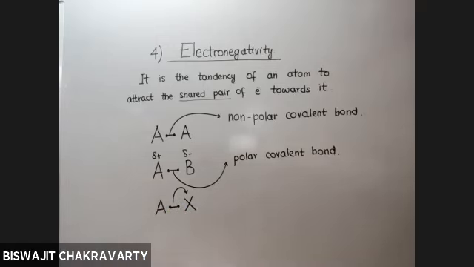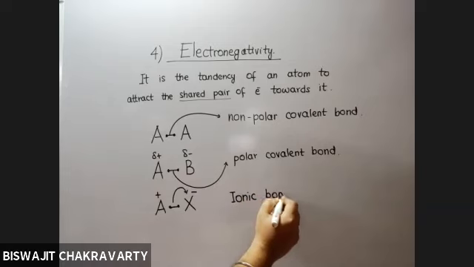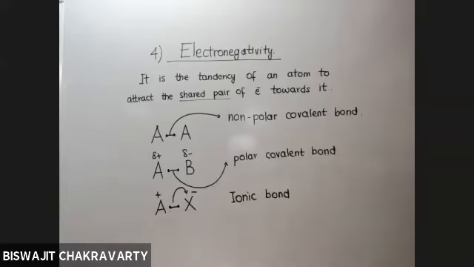And in such case, X will develop complete negative charge and A will develop complete positive charge. And when this type of thing happens, the bond is referred to as ionic bond. See whether this much it is clear or not. Yes, sir.